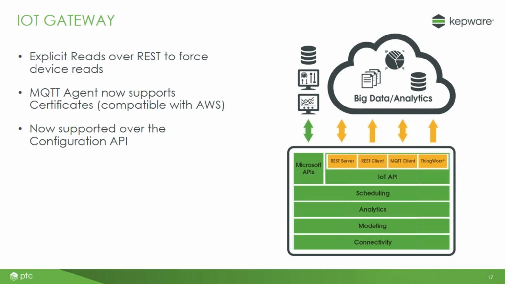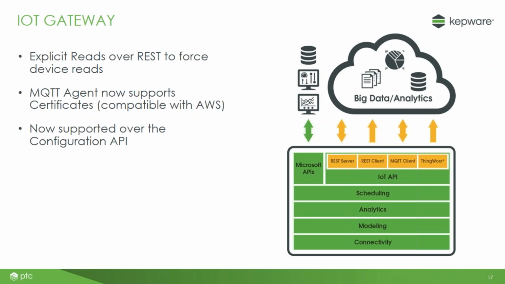So there are REST server and REST client interfaces which support HTTP, so you can get data over a web page; MQTT, which is meant for publish subscribe type of data transfer; and then of course ThingWorx using the always on protocol. That's all meant to support these new IoT platforms for big data analytics and some really compelling stuff that's going on in the IoT space.